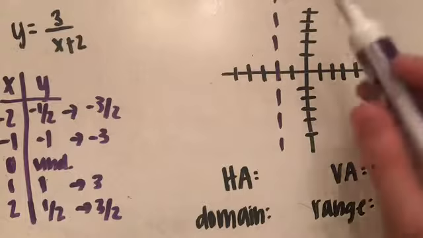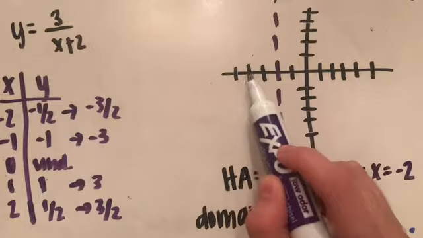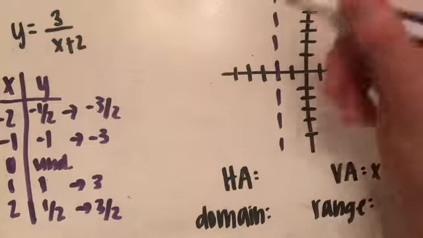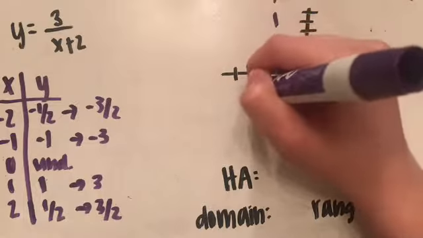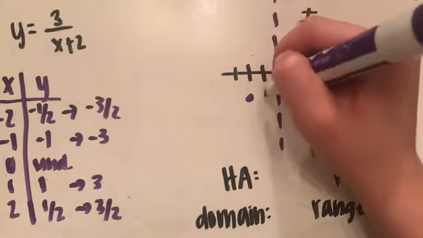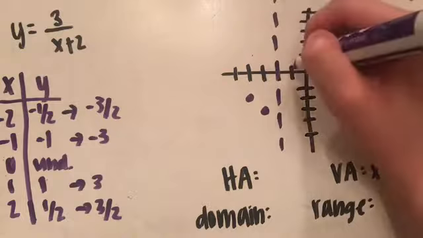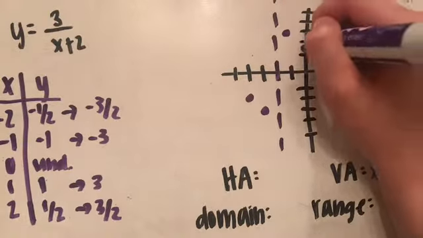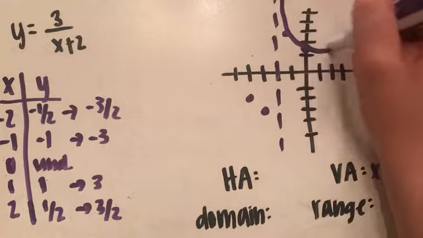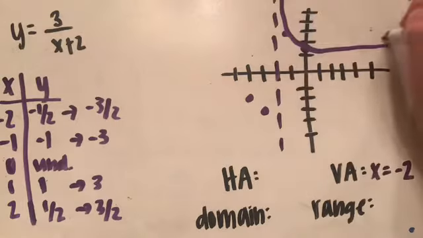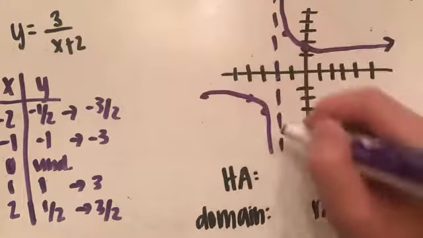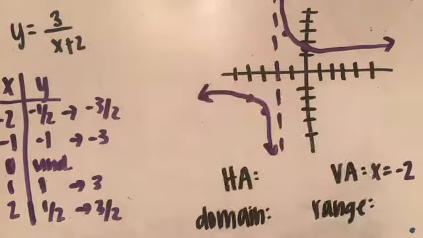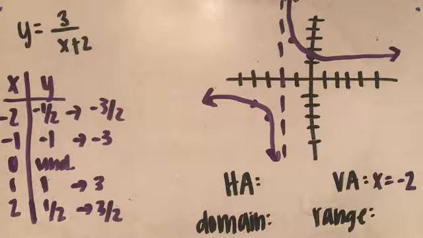So we have over -2 and down 3 halves. Then we do that, and we see our graph has formed.